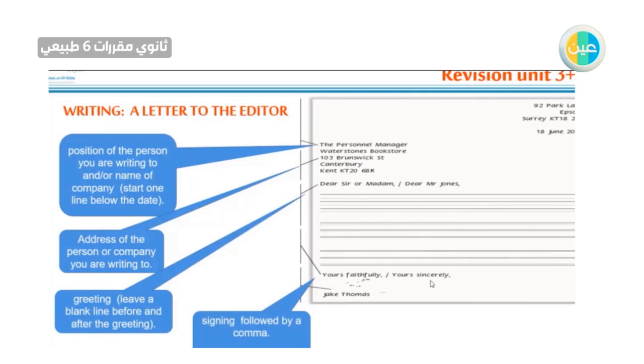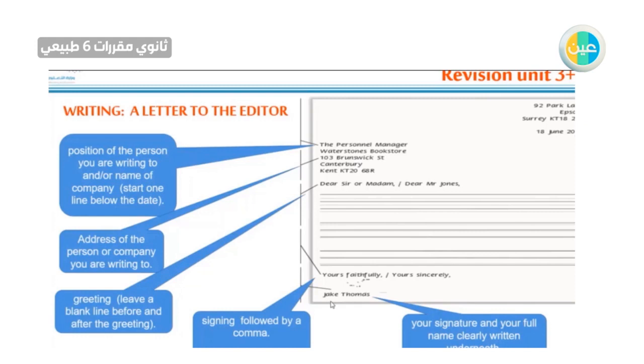This is for friends and relative, for casual, informal letter. Okay? And don't forget the comma. After that, your signature and your full name clearly written underneath. Your full name, Jack Thomas, not just the first name, because this is a formal letter, official letter.